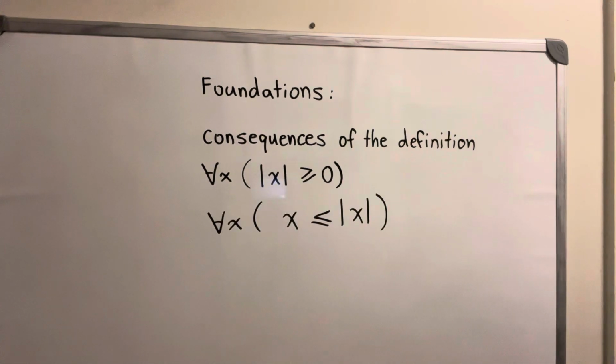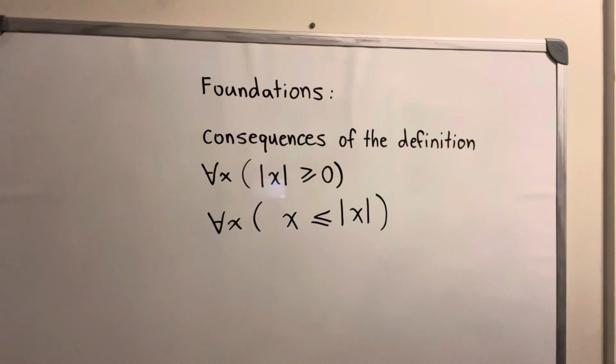And another consequence due to the definition of the absolute value is that for all x, x is always less than or equal to the absolute value of x. Once again, if x itself is 0 or greater than 0, then the absolute value of x is the same as x. In this case, the equal would apply.